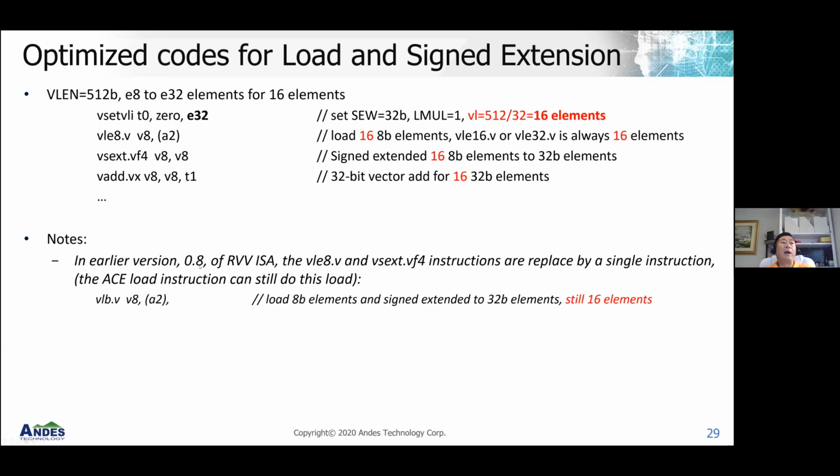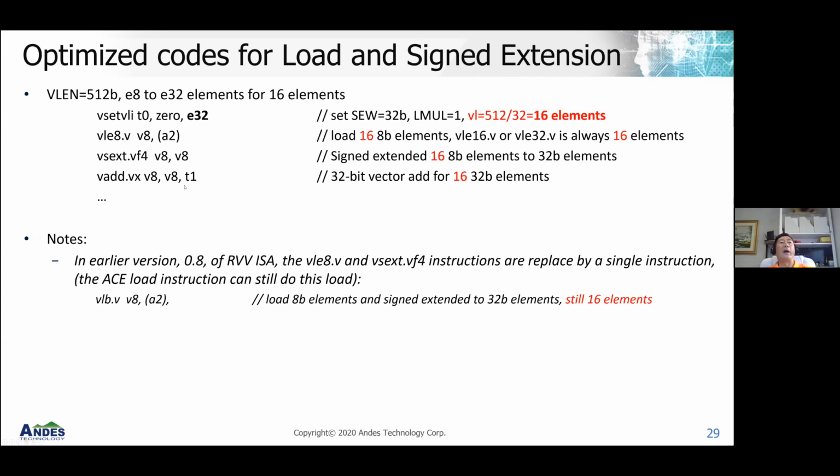So in the earlier version, 0.8, of the vector extension ISA, these two instructions, VLE8 and VSEXT, actually were a single instruction, which is the VLB. You load the data and do the size extension to 32-bit as a single instruction.